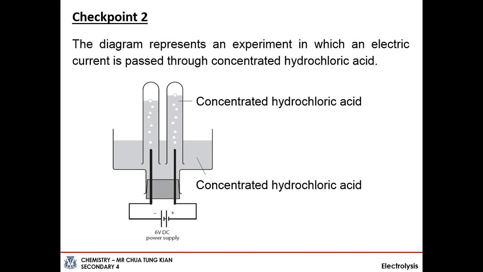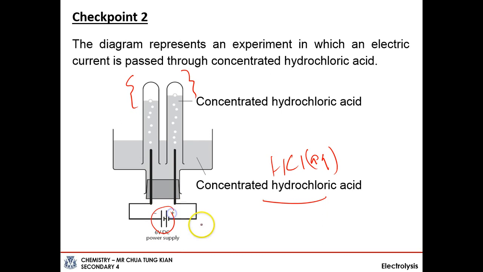Okay, so for checkpoint 2, you see an electrolytic cell here, and the electrolyte is concentrated HCl, and there are two gases that are collected here. Okay, there's a slight error in the notes, so please change the diagram here.